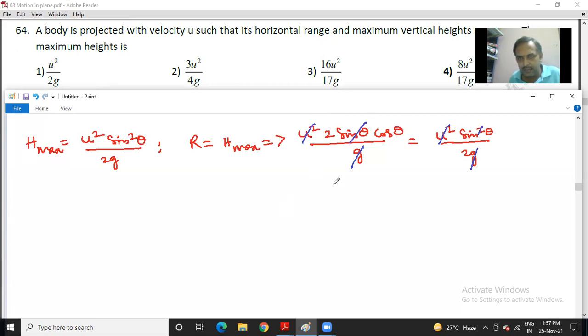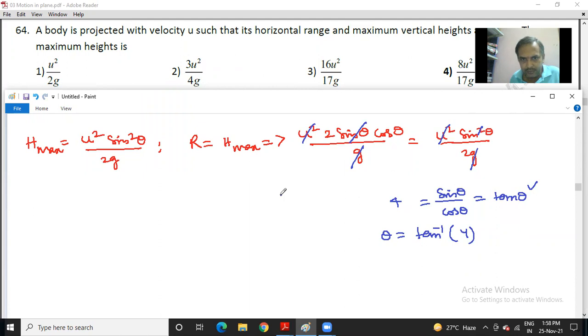So you will get sine theta by cos theta, that is tan theta, is equal to 2 into 2, it will be 4. So angle of projection theta is equal to tan inverse of 4. Now, when you get tan theta is equal to 4, making use of this, you have to get sine theta.